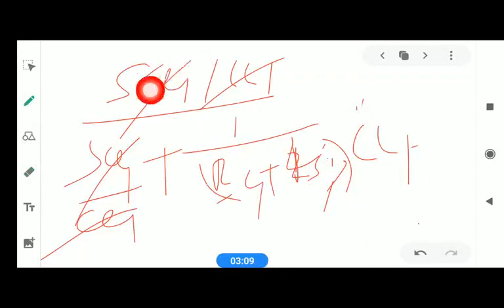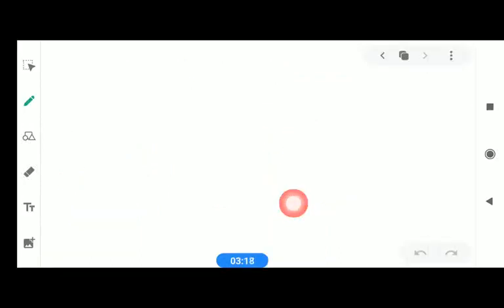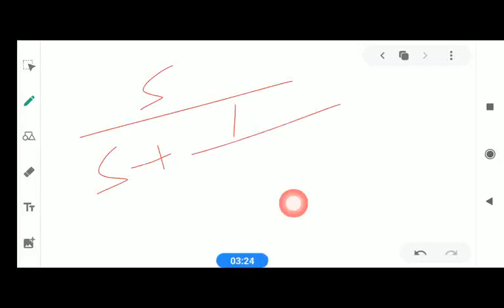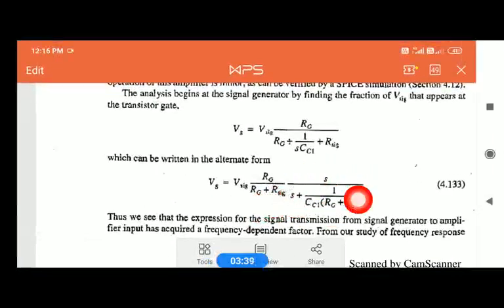Therefore we will get S divided by S plus 1 divided by RG plus R signal into CC1, which you got here.